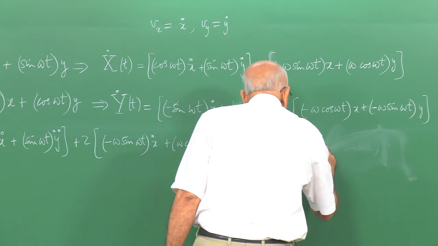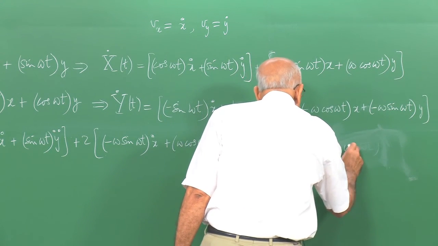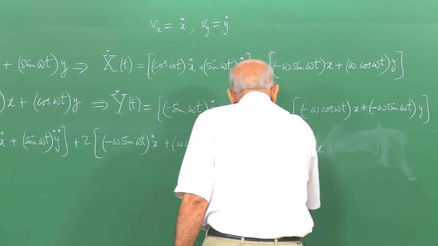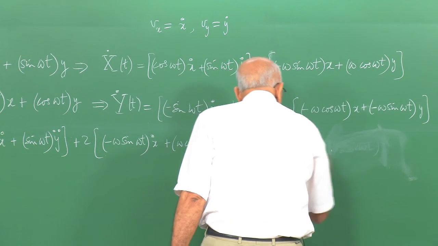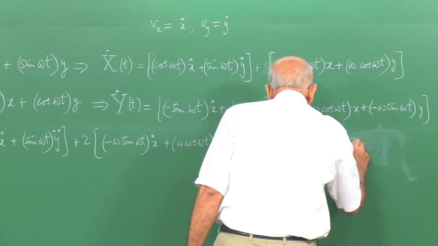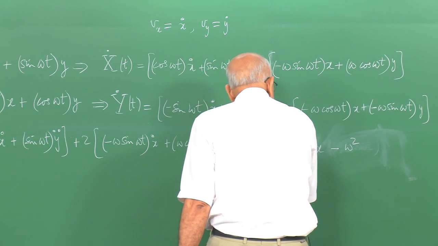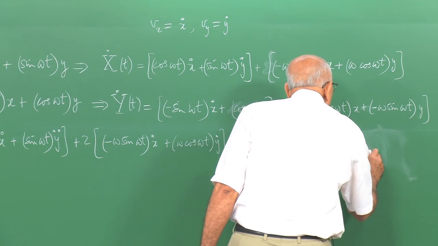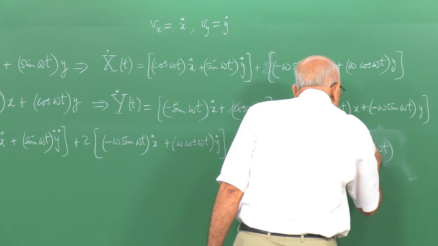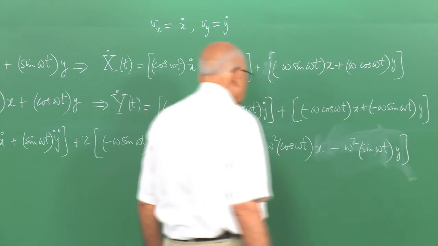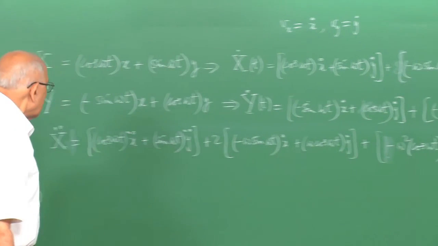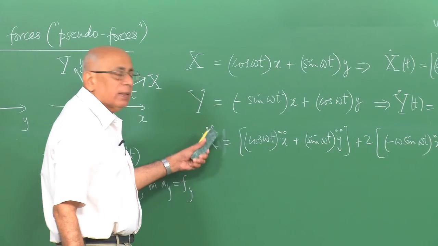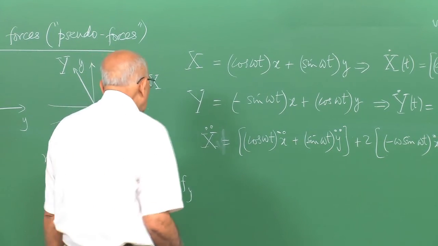Times little x of course plus, so let us put the minus sign out, minus omega squared cos omega t sine omega t y, this fashion. So, that comes from differentiating x a second time.